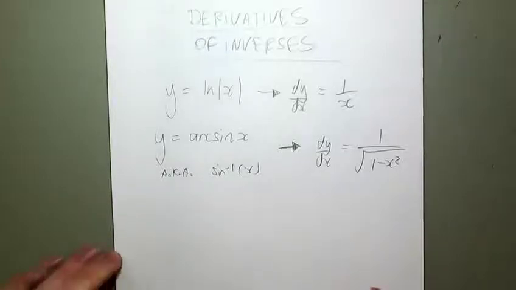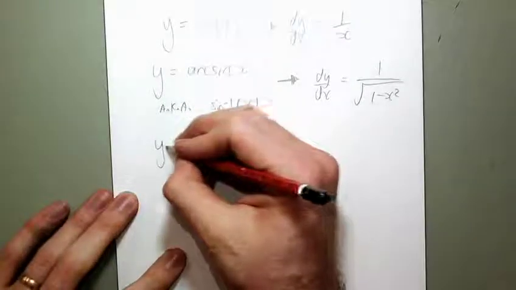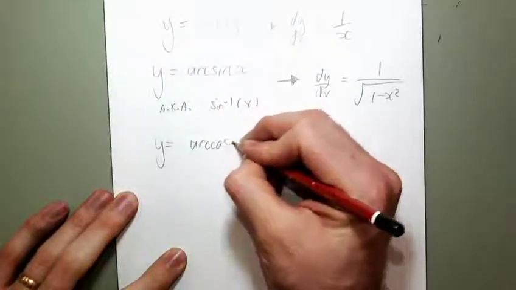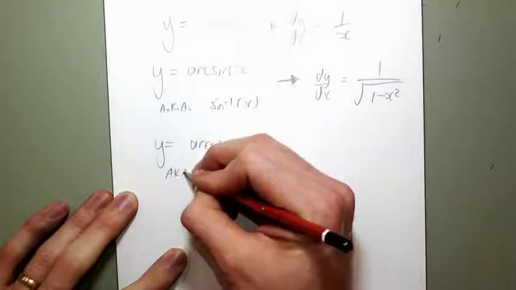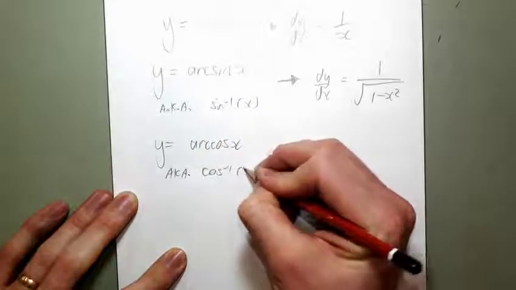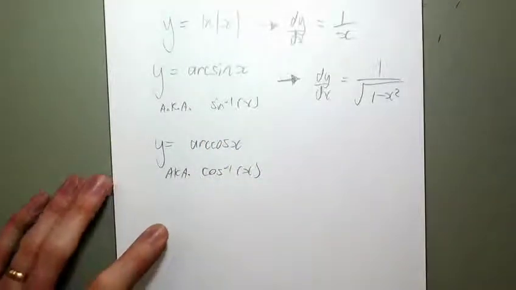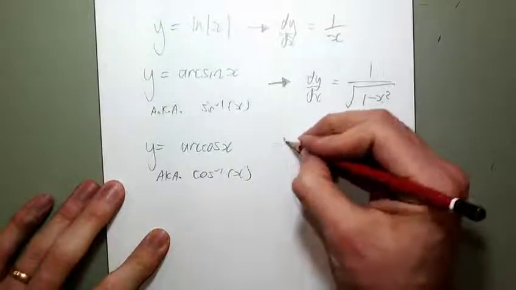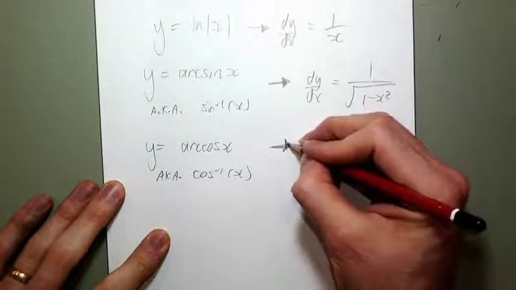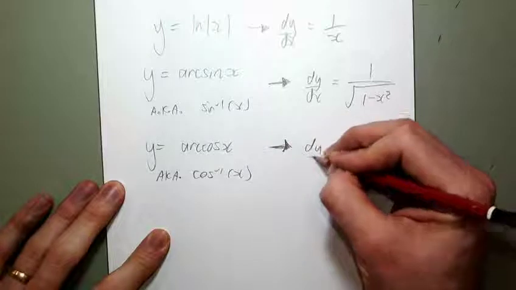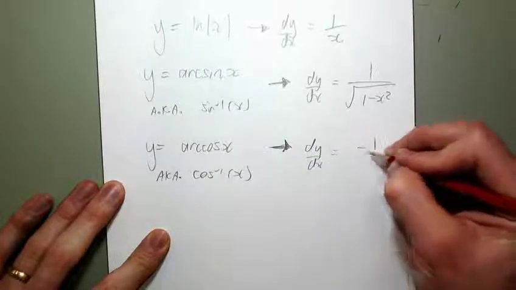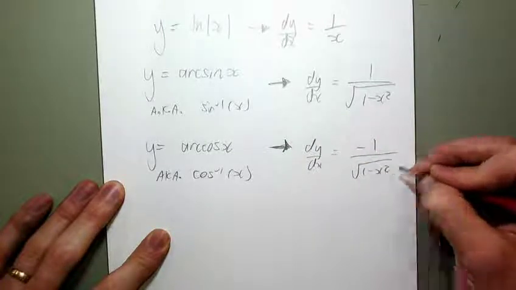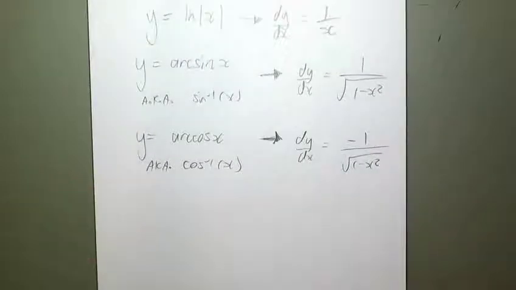Excellent. And then arc cos, also known as cos inverse, its derivative is minus 1 over root 1 minus x squared. It's exactly the same as the derivative of arc sine, but with a minus.